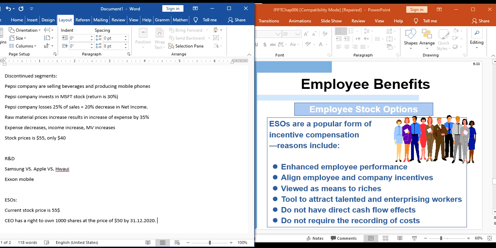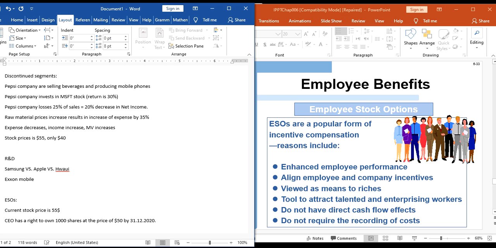Okay, so this is not mandatory, this is not obligatory, they have a right, this is an option the CEO can use. So imagine you are getting your salary monthly based, fixed, but this motivates the CEO to work harder to increase the stock price to the maximum value possible.